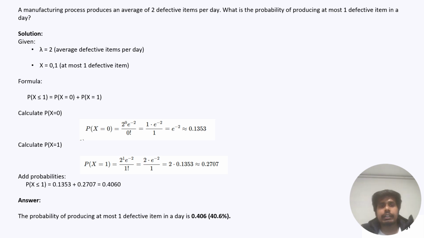We calculate separately the probability of x equal to 0 and the probability of x equal to 1. Substituting in our formula and adding both, we get an answer of 0.4060, that is 40.6 percent. So this is the answer.